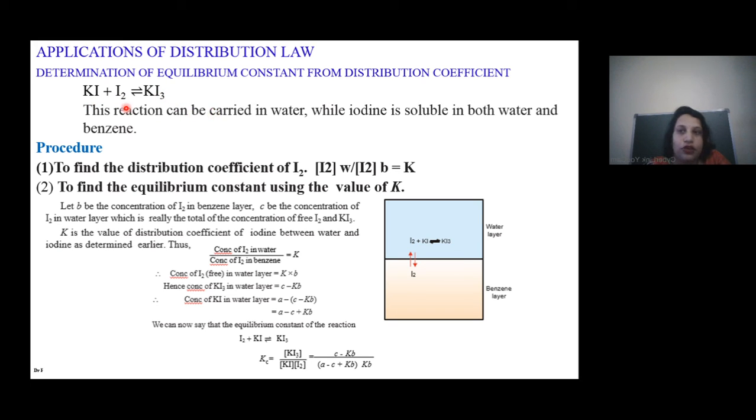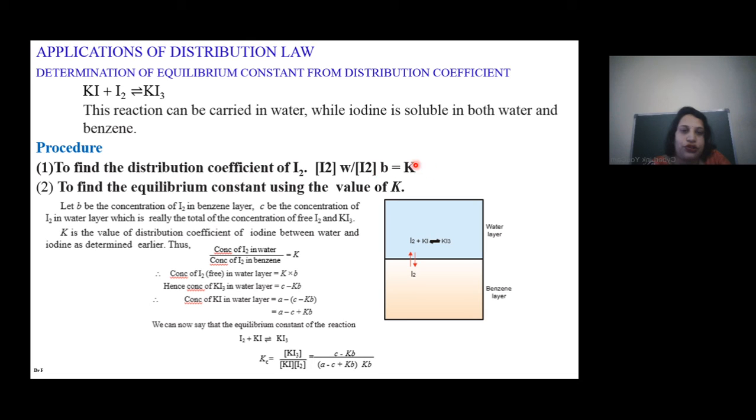In the first year, you have already seen the distribution coefficient of iodine. You performed this practical: iodine shaken with water and an organic solvent, benzene, CCl4 or toluene, and the concentration of iodine in both layers determined by titration against sodium thiosulfate solution. It comes out as some constant.